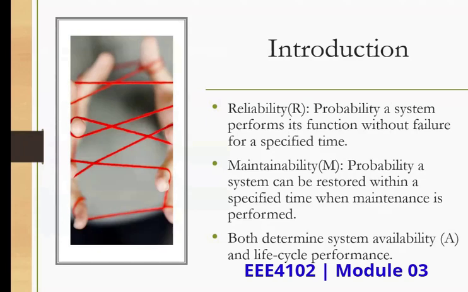And in the case of maintainability, it refers to the probability a system can be restored within a specified time when maintenance is performed. So think of the same example I've just given of a power supply unit. If it fails, how quickly can it be replaced?